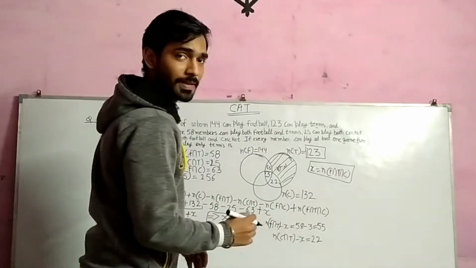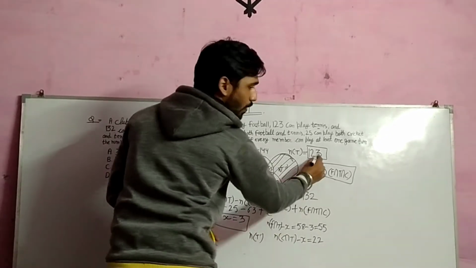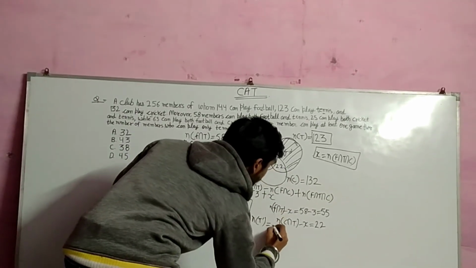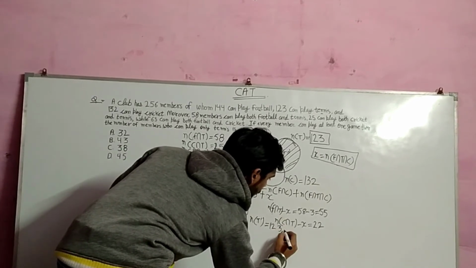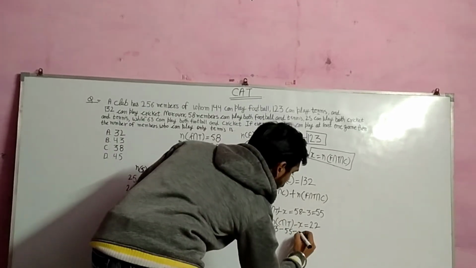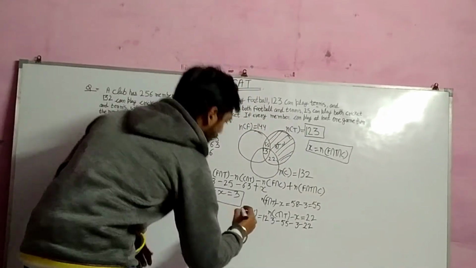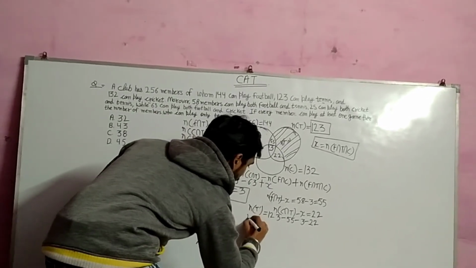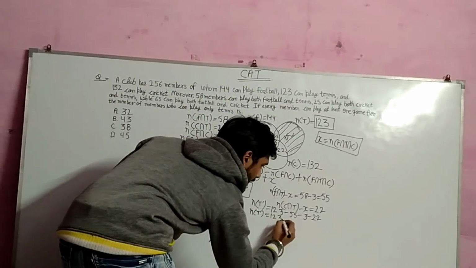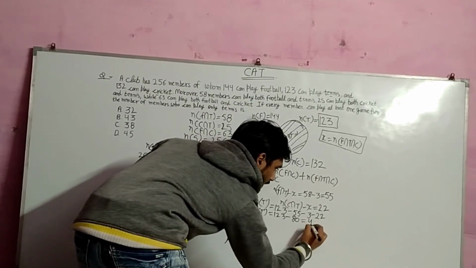To find this region, n(T dash) equals 123 minus 55 minus 3 minus 22, which is 123 minus its total of 80, and that is 43.